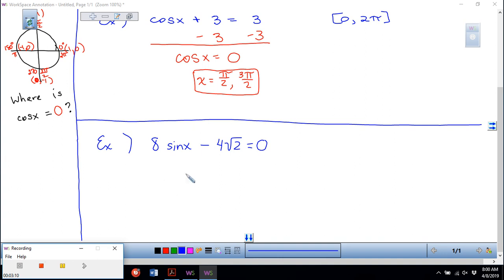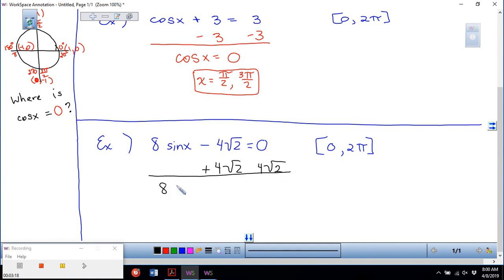Alright, our next example, we have 8 sine of x minus 4 radical 2 equals 0. We want to solve this over the interval 0 to 2 pi. So let's go ahead and start out with some algebra. First thing we're going to do is add 4 square root of 2 to both sides. Again, we're trying to isolate sine of x.